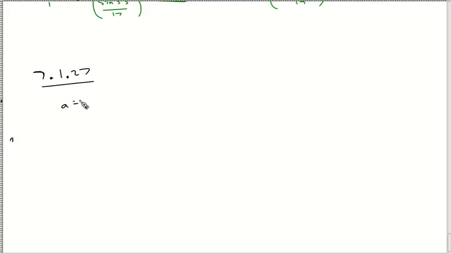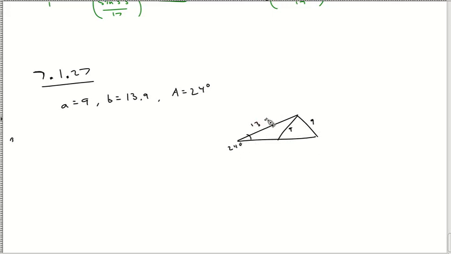All right, so another problem. A equals 9, B equals 13.9, and A is equal to 24 degrees. And they say, go and figure it out. Well, if you notice again, side angle, and my A is smaller than B, and so I'm expecting there to be two solutions. This is my 9, and this is my 24 degrees, and my fixed 13.9.